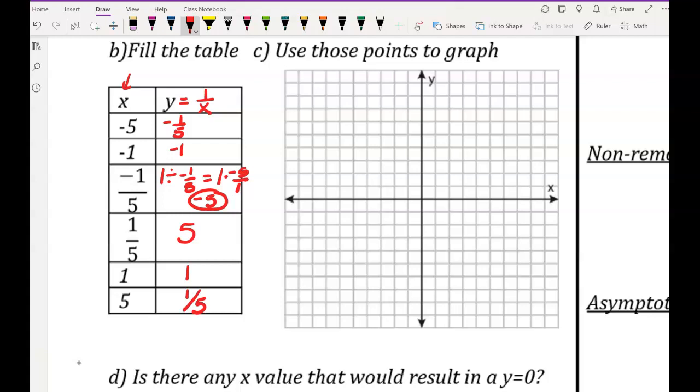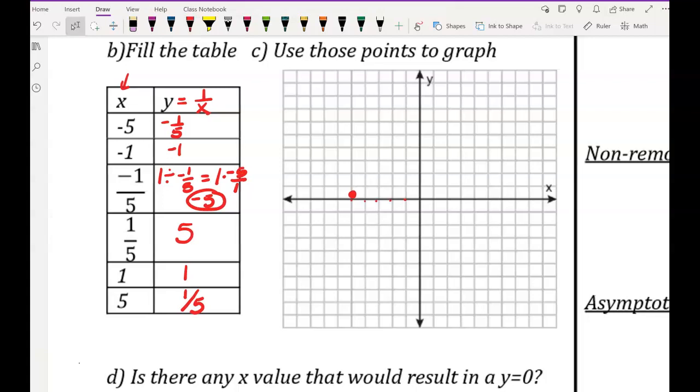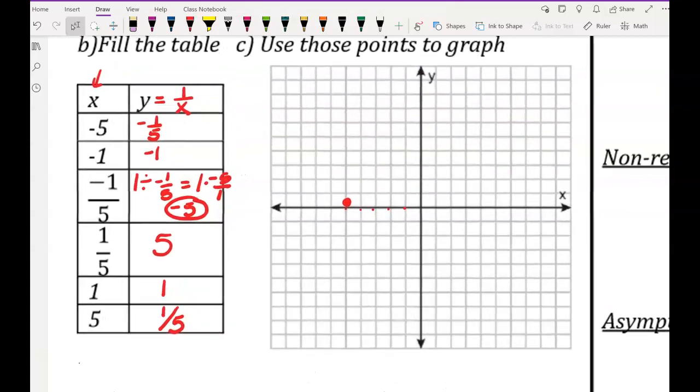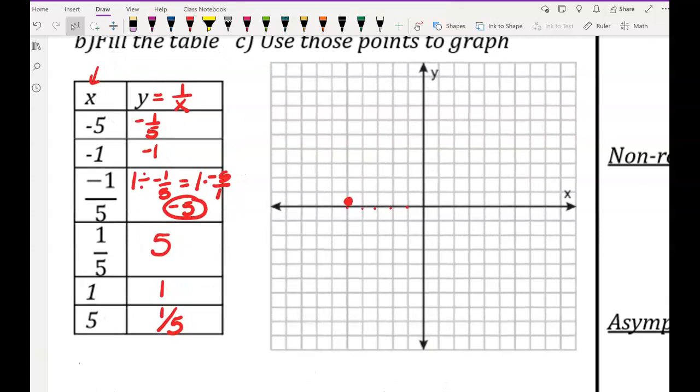Let's plot our points. When x is -5, so 1, 2, 3, 4, 5. -1/5 is super close to 0, okay? As long as you are not plotting on 0 or on 1, then I'm okay with any dot in between 0 and 1. Oh, that should be a negative, like that.